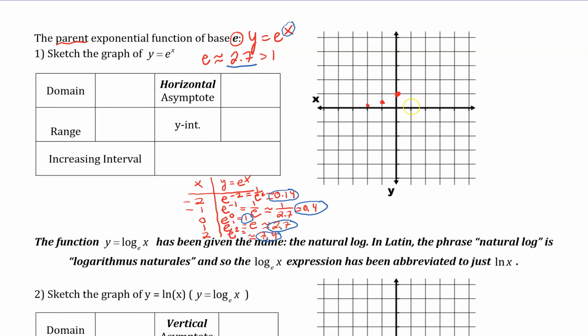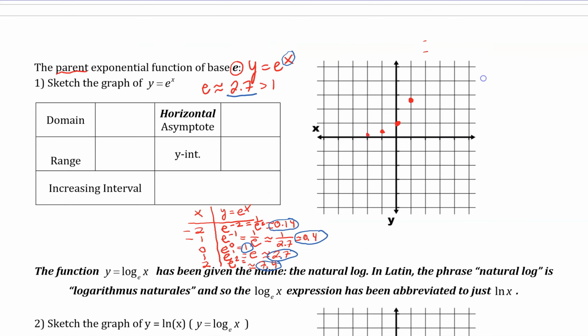When I go to 1, I get a value of e, which is a little bit less than 3, right around 2.7. And when I go over to 2, I have a value that's a little less than 8. It's about 7.4. So that goes off my grid a little bit. 1, 2, 3, 4, 5, 6, 7.4, it'd be like right around there.